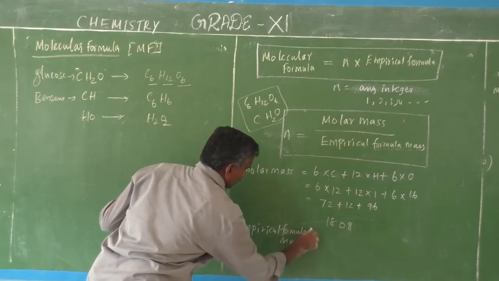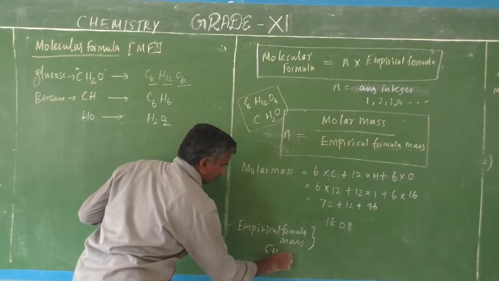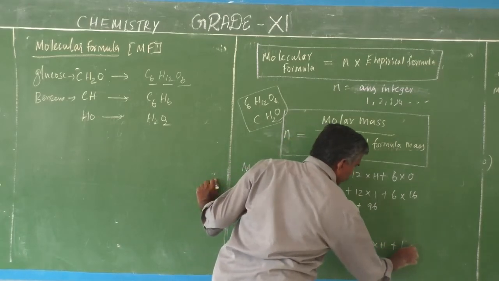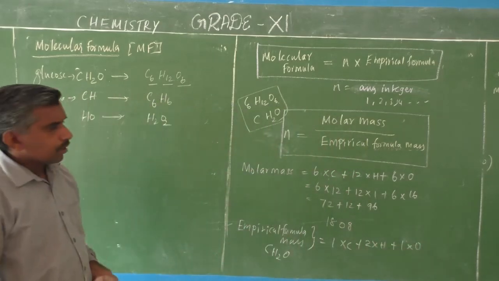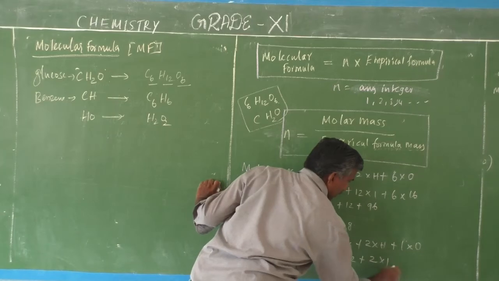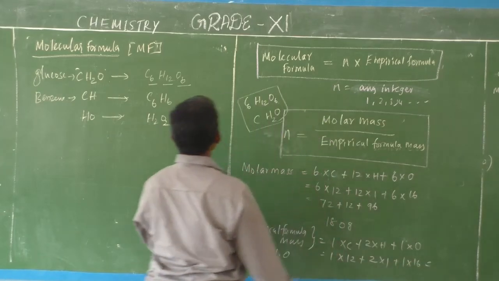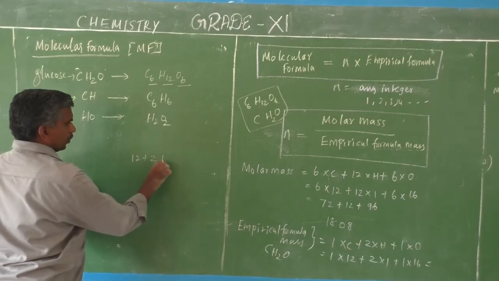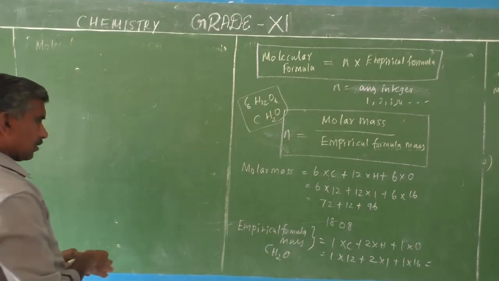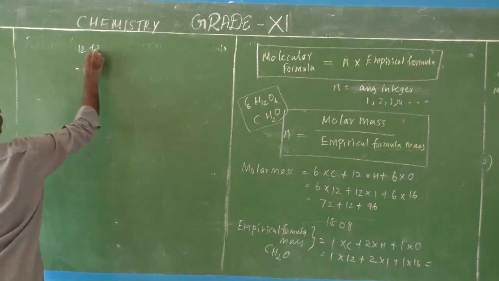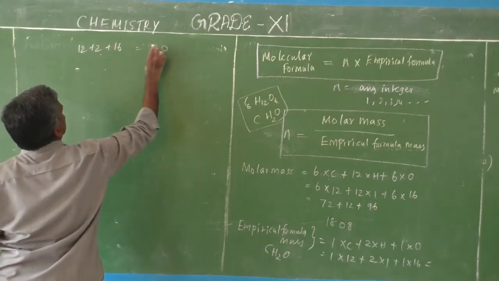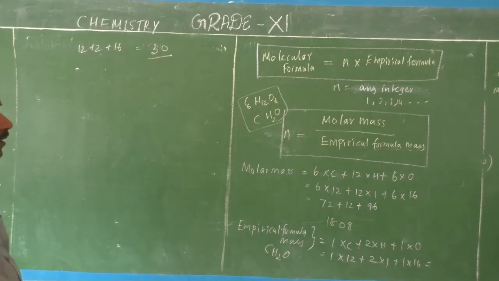The empirical formula of glucose is CH2O: 1 carbon, 2 hydrogen, 1 oxygen. That is 12 plus 2 plus 16, which is 30.